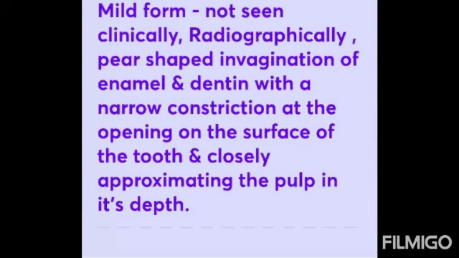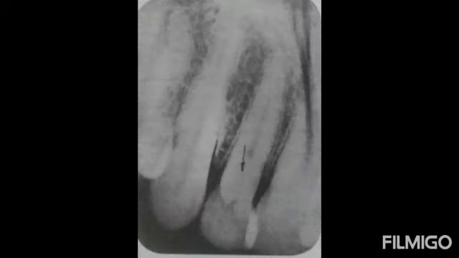The infolding of Hertwig's sheath takes its origin within the root after development is complete. This picture shows a slight invagination in the lingual pit area of the maxillary lateral incisor on the radiograph. This is an example of dens invaginatus.